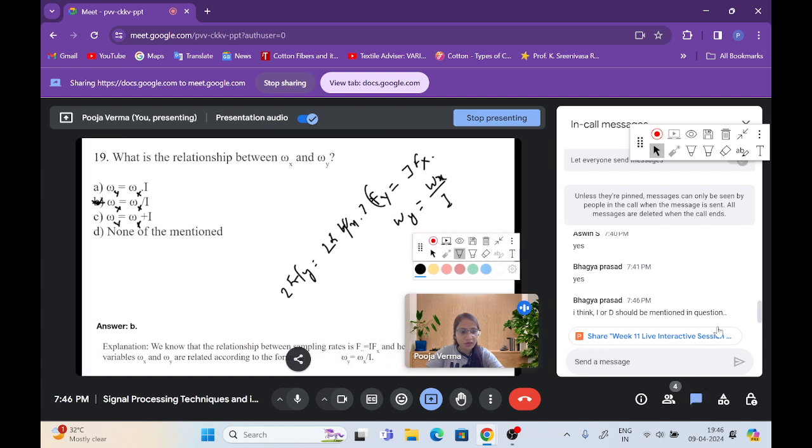Yeah, which question? I think I or D should be mentioned in the question. Which question? Question number 19. Yeah, in this type of question, if I or D is not given, you have to assume whether it is an interpolator or a decimator.